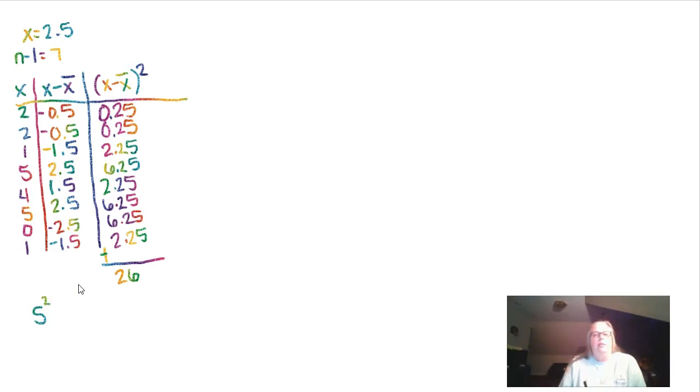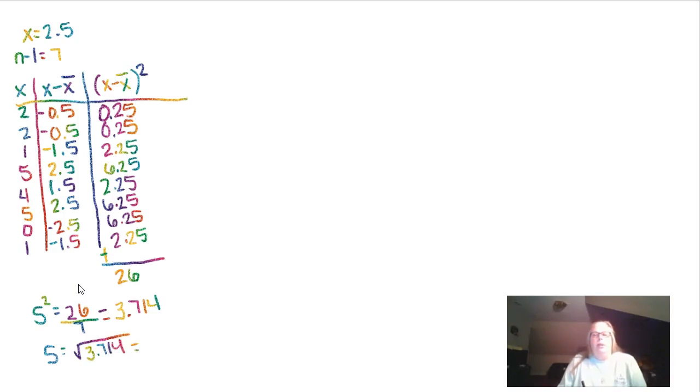The variance for our sample here is going to be the sum of those squares divided by our n-1, so 26 divided by 7. And this is giving me 3.714. And now to find the standard deviation, I am going to square root that number, the 3.714.